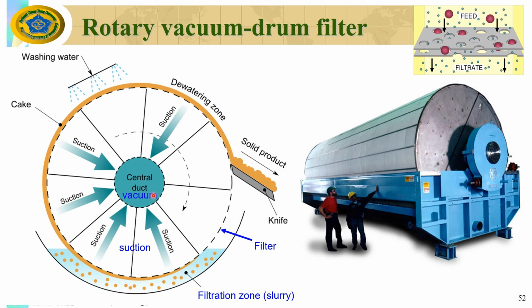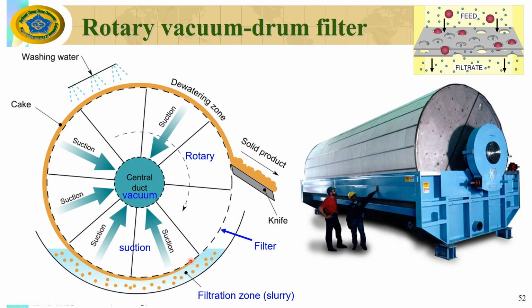Okay, and then you do the rotary. This drum will move. So as you can see, the cake, that's what we call cake. Okay, the cake which is solid. The cake will increase. The amount of the cake will increase, and become thicker and thicker.